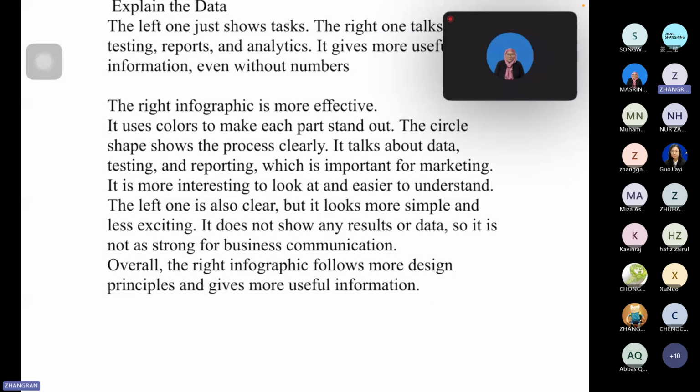So I don't think it is strong for business communication. So I think the red has more useful information.